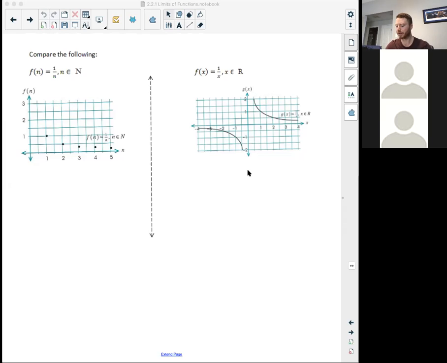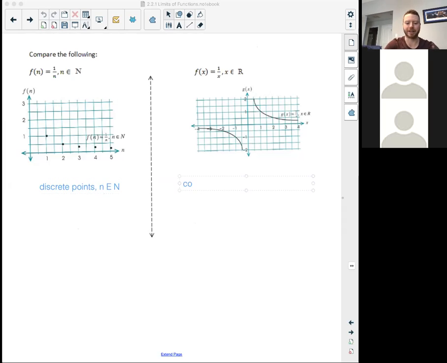So if we look at the limit of the graph on the left, we have discrete points here, and n is a set of the natural numbers. I don't have all the fancy symbols for the set of naturals, so we're just going to have to deal with that.